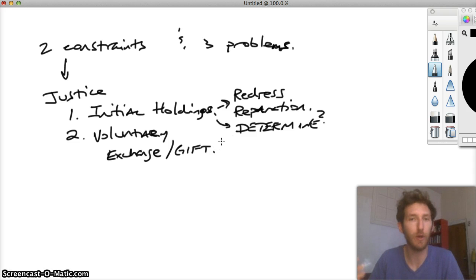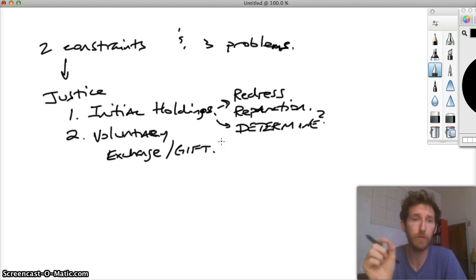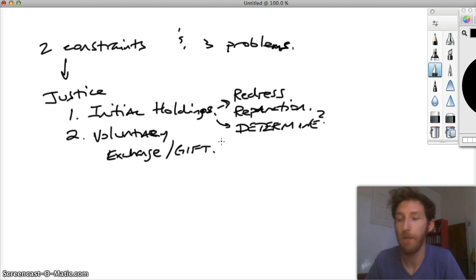If not, if somebody was coerced in a particular kind of way, or obviously if property was stolen, then this is unjust. And so Nozick does have certain kinds of constraints upon the justice that's involved, but none of it, he claims, would allow a governmental agency to, say, redistribute property or wealth, unless one of those was violated.